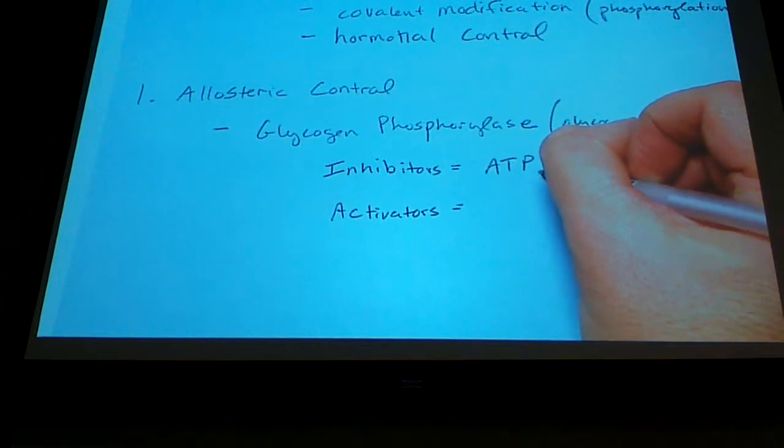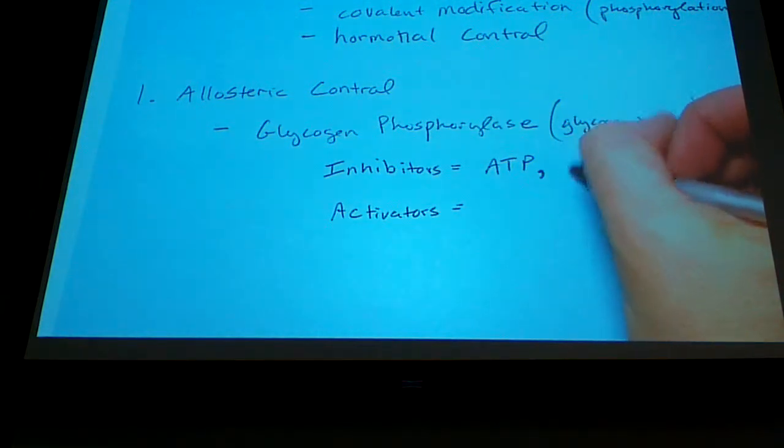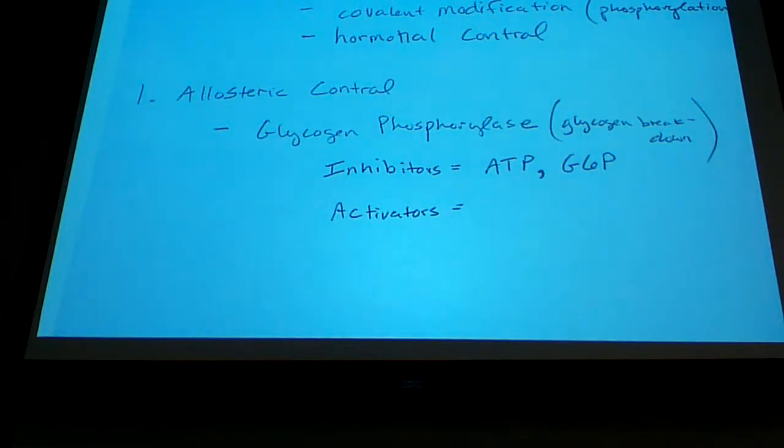The other good allosteric inhibitor for this one is glucose 6-phosphate. If glucose 6-phosphate levels are high, and this was the first step of glycolysis, and when we look at transport of glucose, frequently you see it already in the glucose 6-phosphate state.